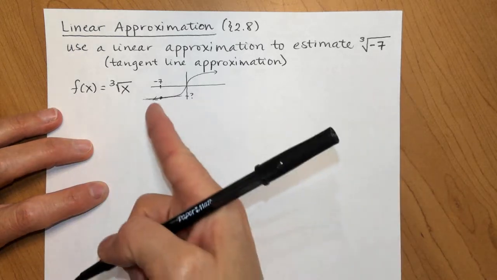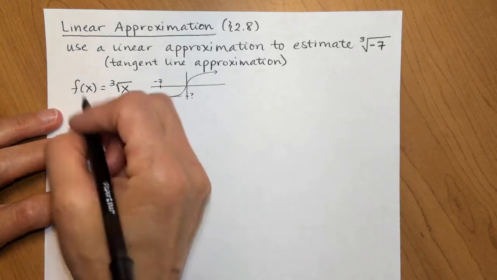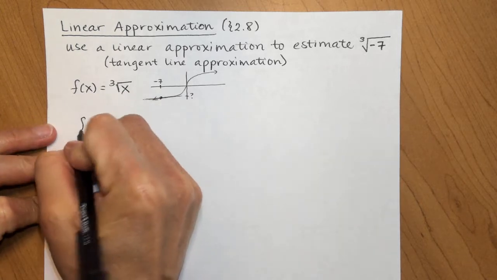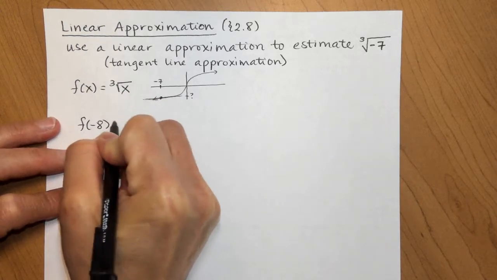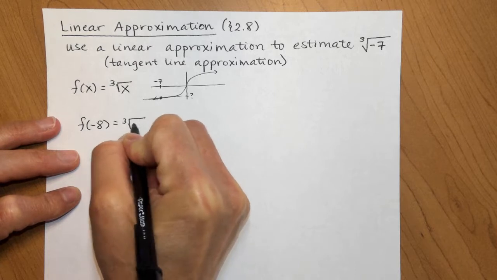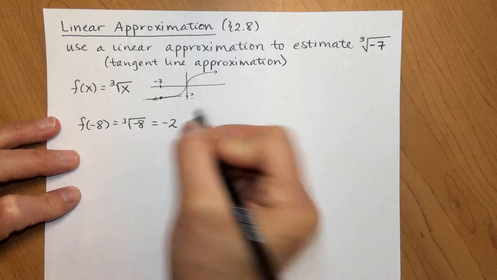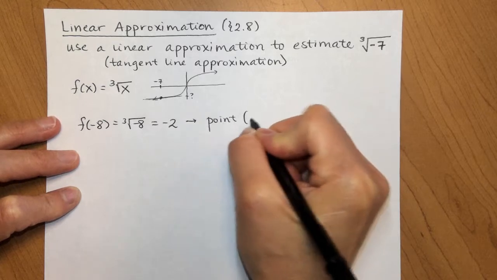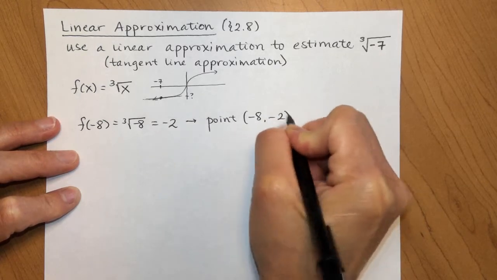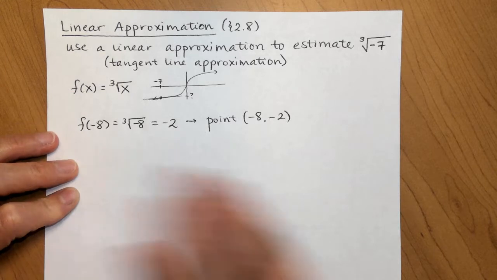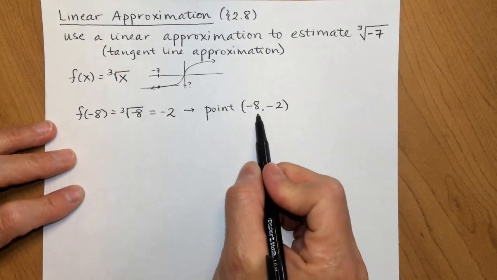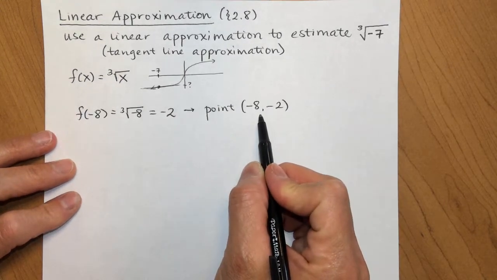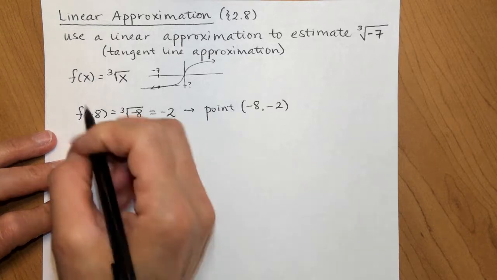I need a point near that. So I know that f of -8, the cube root of -8 is -2. So there is a point on my graph, -8, -2.